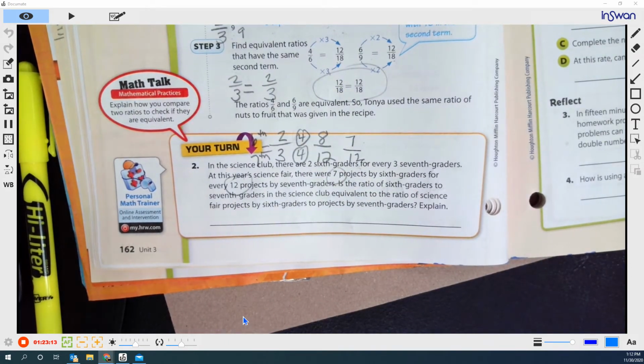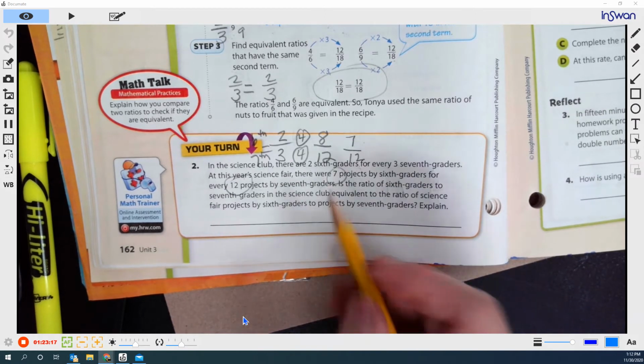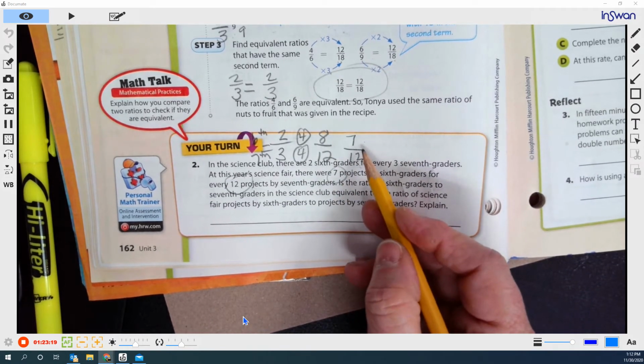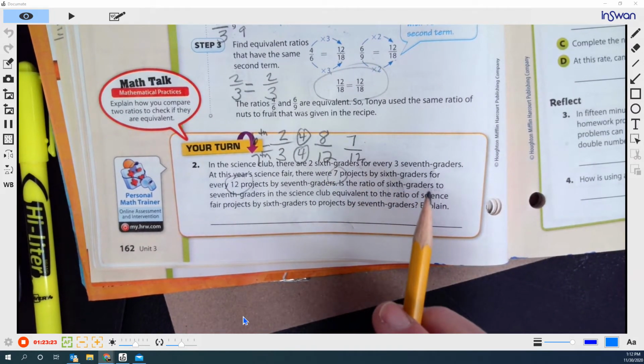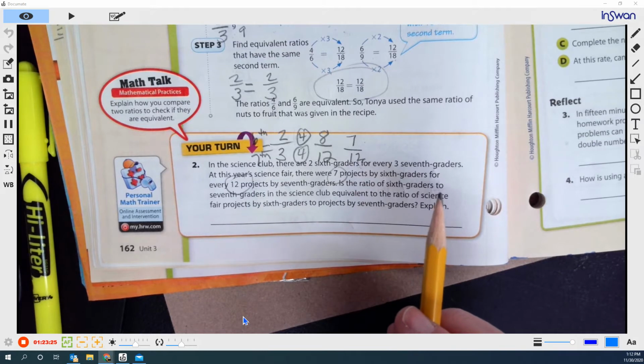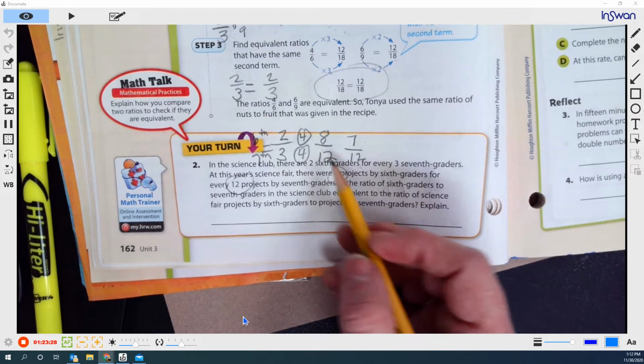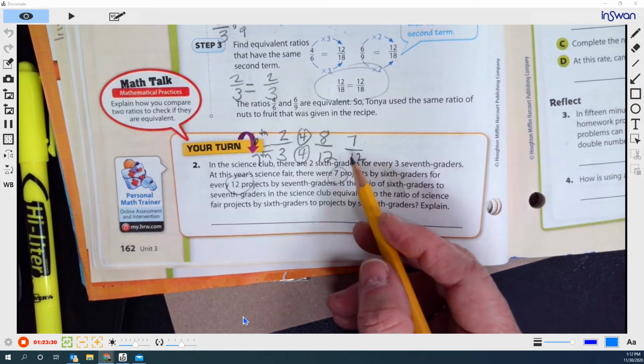So what do you think? Is it equivalent? Is 8/12 equal to 7/12? Remember, equivalent just means that they are equal. Is it? 8 is larger than 7, right?